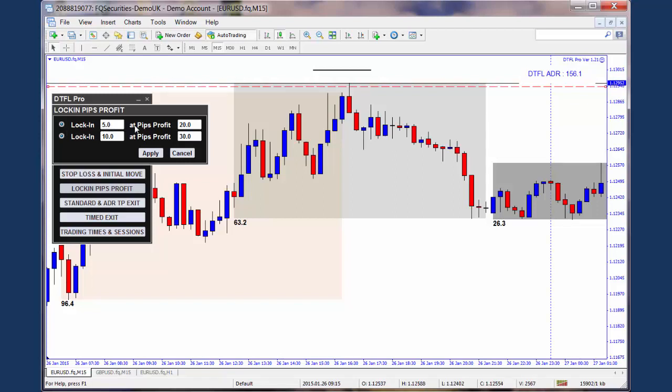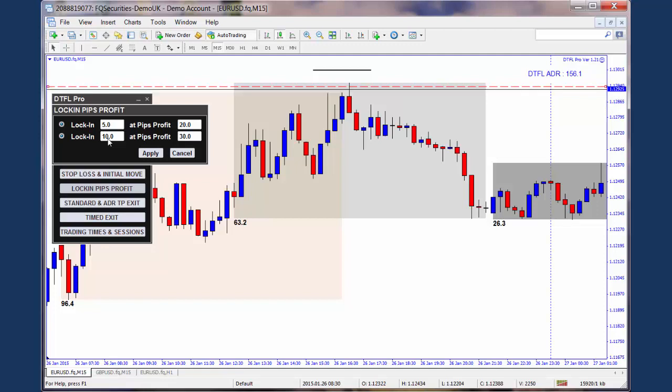So in this situation here, when your trade has moved off to 20 pips of profit, it will lock in 5 pips and move the stop loss to plus 5 pips of profit. And then when it reaches 30 pips of profit, it will move the stop loss again to plus 10 pips of profit.